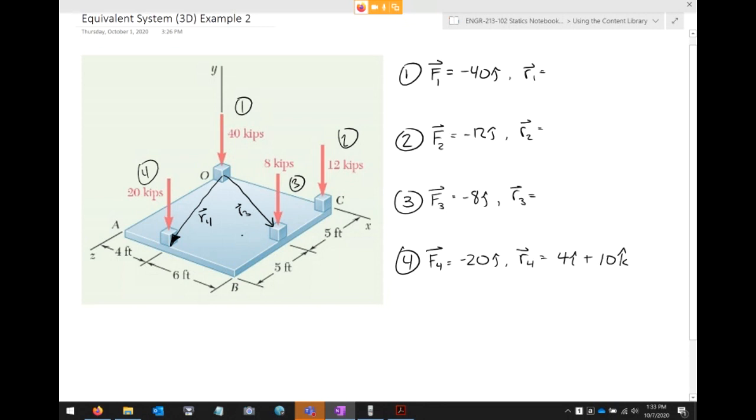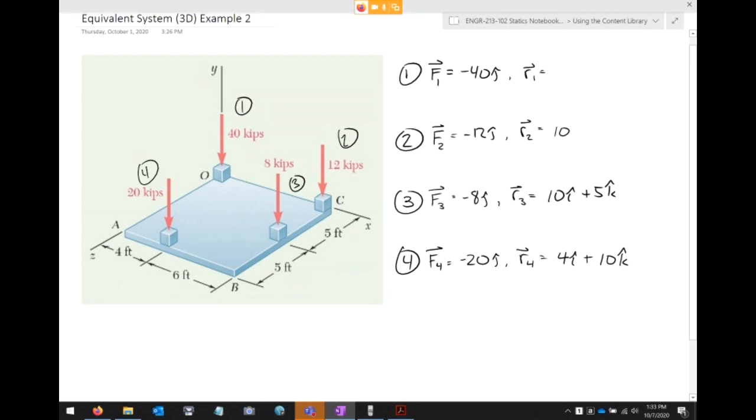And so that's going to be 10i and 5k, and they're both positive. Okay, now what about R2? There you go, just the 10i.